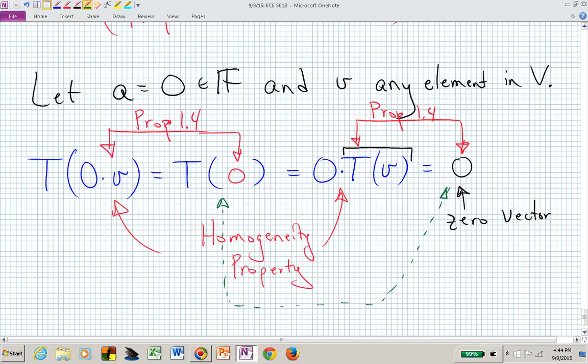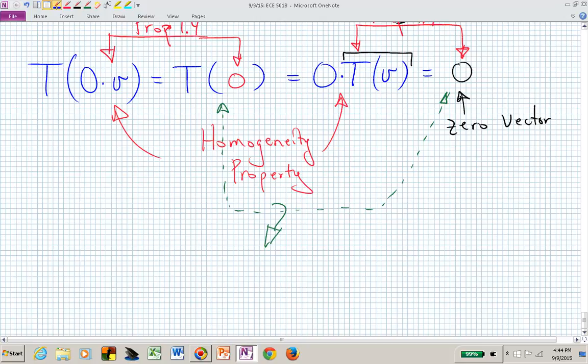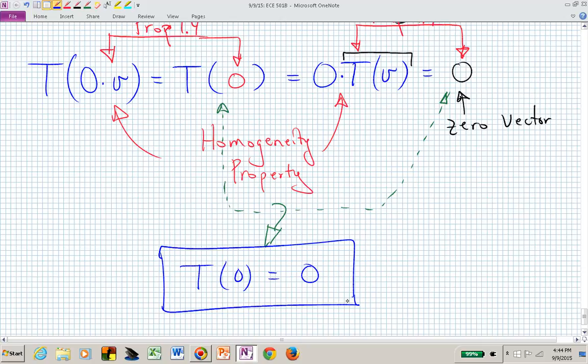And that's what I'm trying to indicate in green, dashed. This is now showing that the additive identity needs to map to itself if we have a linear map.